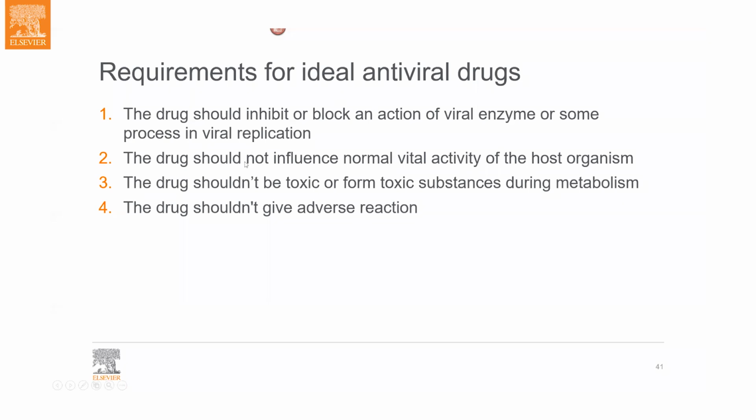The drug should not influence normal vital activity of the host organism. The drug shouldn't be toxic or form toxic substances during metabolism, and the drug shouldn't give adverse drug reactions. Right now, we will address the first point, and these 3 points we will try to find on our 5th strategy.